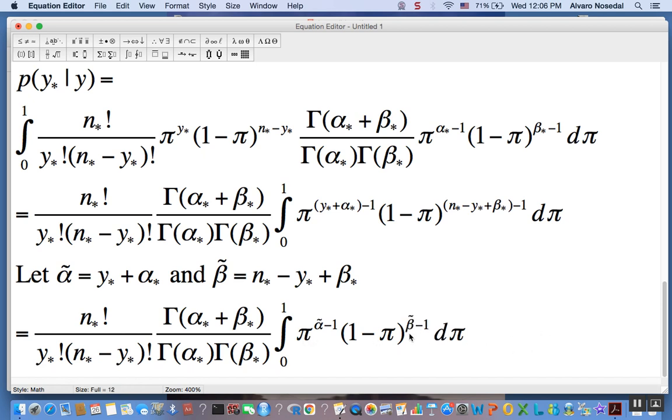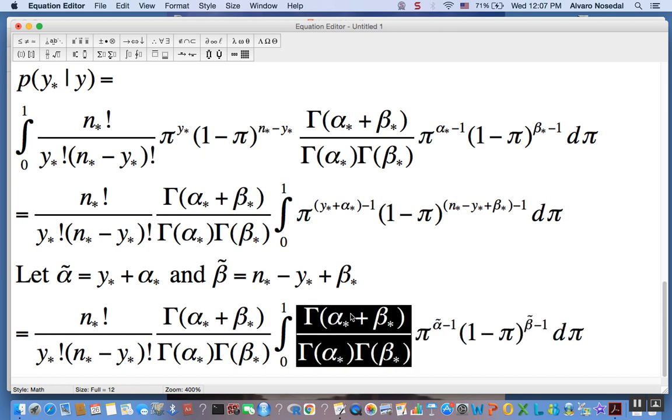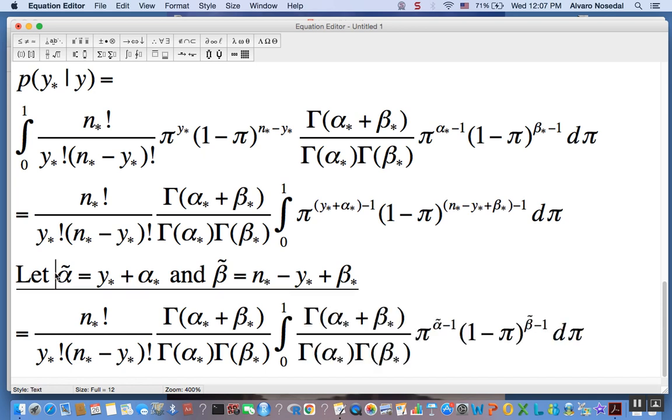So once we see that, we clearly realize that we are dealing with a beta distribution with parameters alpha tilde and beta tilde, right? So now we go, okay, if I had the right constant, then that integral would be 1. The right constant would be gamma at alpha tilde plus beta tilde divided by gamma evaluated at the new alpha times the gamma function evaluated at the new beta, right? So let me borrow this and make the changes that I need. So that constant, but instead of alpha star, we have this guy here.